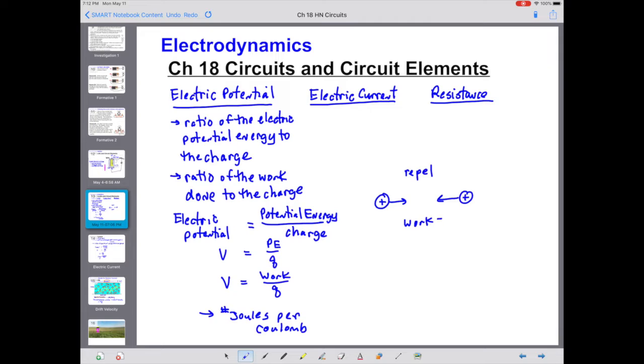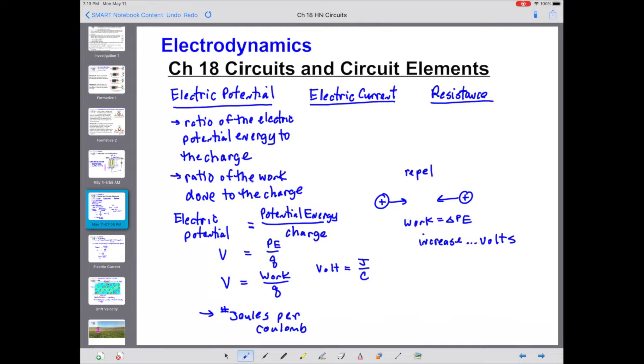If I do work, then I do work to change the potential energy, and each charge that I move together I have to do work on, and so then I would increase the electric potential, or the volts. In terms of units, volt is your unit of electric potential, and a volt is equal to a joule per coulomb. So volts are a commonly used measurement in circuits and electricity.